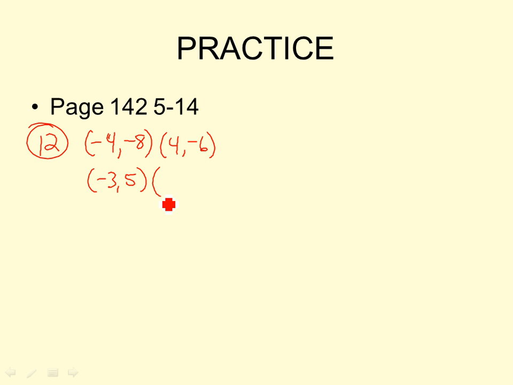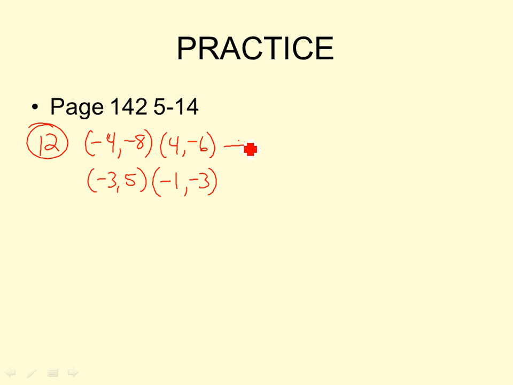Jumping down to the next section, 9 through 12. Let's see, let's do number 12. Number 12, they give us -4, -8, 4, 6, 4, -6. That's one of our lines. Then the second line is -3, 5, and -1, -3.